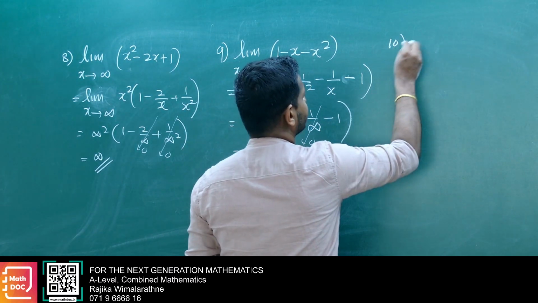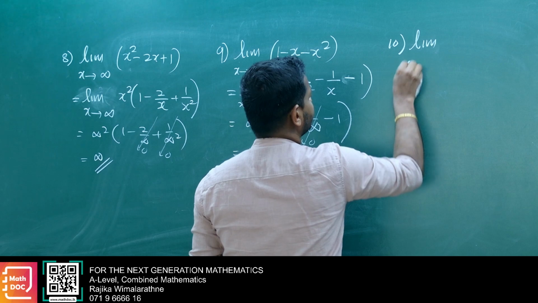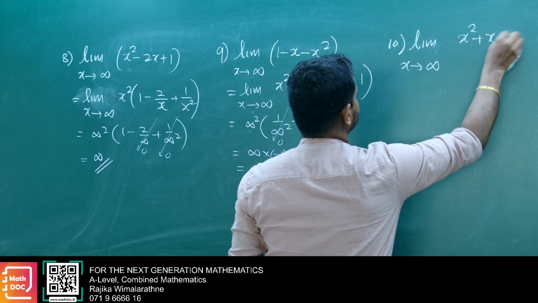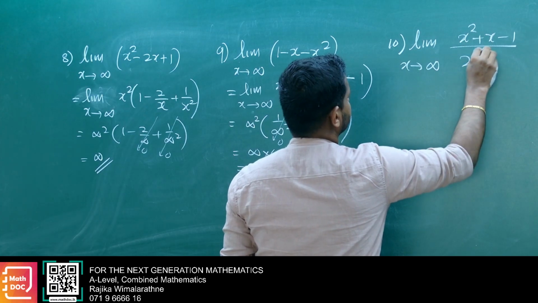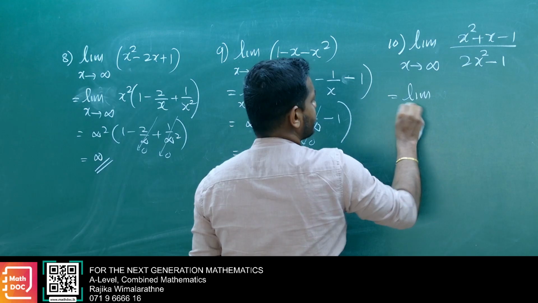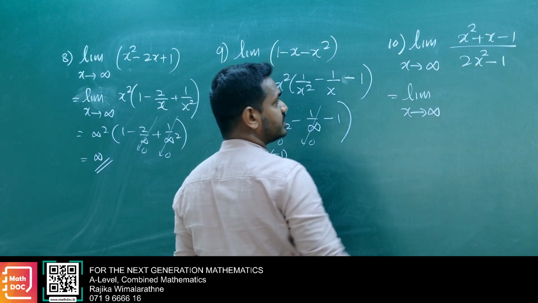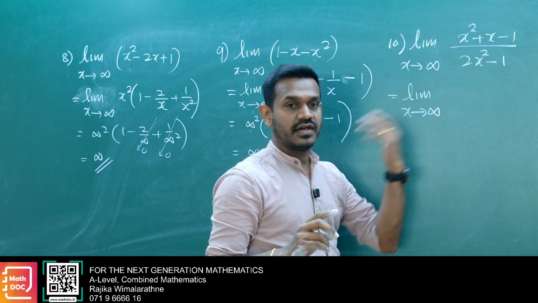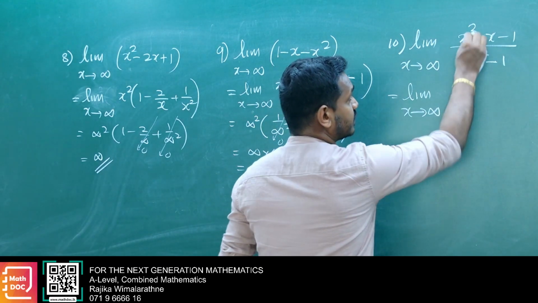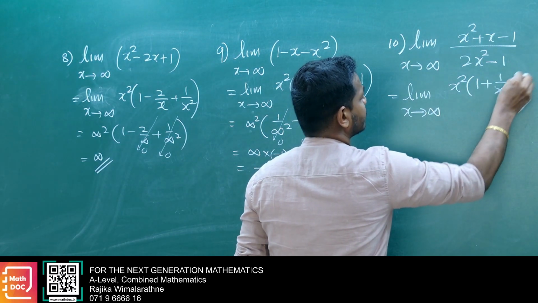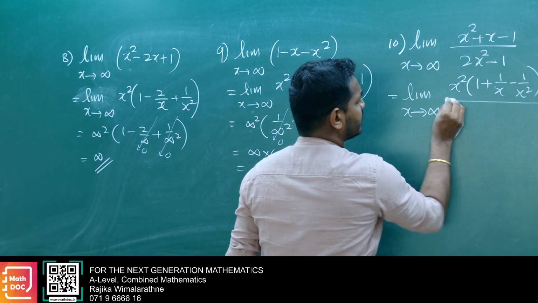Question 10: limit x goes to infinity, x square plus x minus 1 over 2x square minus 1. You take the maximum power outside, both upstairs and downstairs. Take x square outside, and take x square again.